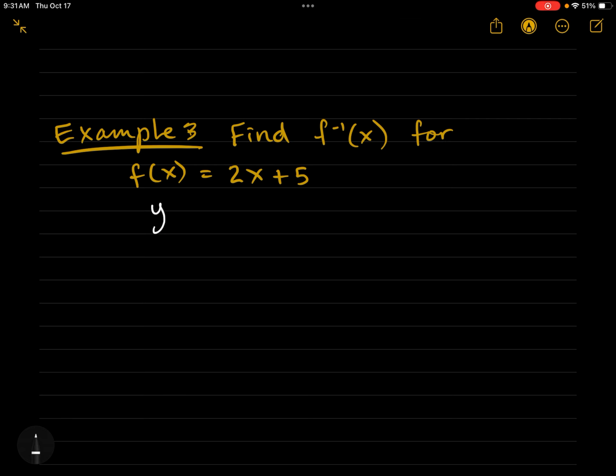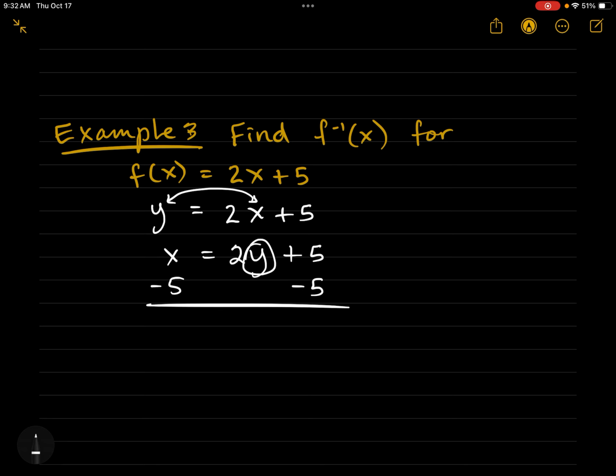Now let's find the inverse here. Step 1 says replace f of x with y. Step 2 says interchange the x and y. Step 3 says solve for y, which means get y by itself.